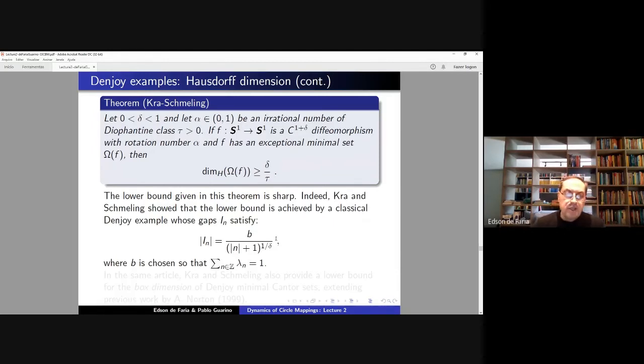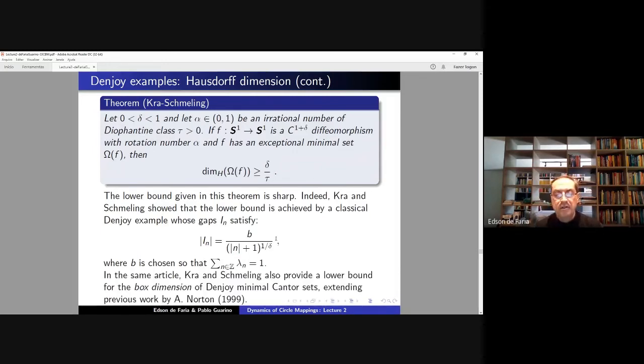Once again, we take the absolute value of n because n is an integer, and we add 1 to avoid a 0 in the denominator. The constant has to be chosen so that the sum of the lengths is equal to 1, because you want the Cantor set to have measure 0. If this happens, then the Hausdorff dimension is exactly equal to delta over tau.